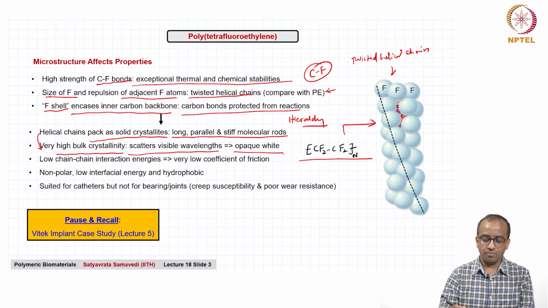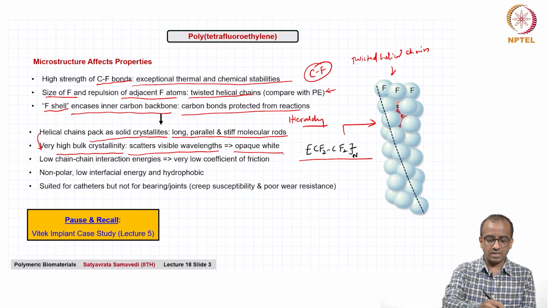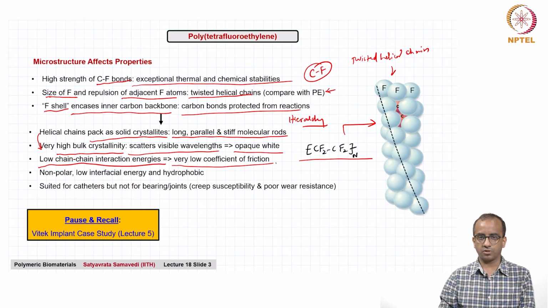Now if you remember, I mentioned that Roy Plunkett, when he first discovered PTFE, found that it was very smooth, and one reason for that is very low chain interaction energies, resulting in a very low coefficient of friction. So the coefficient of friction being low means that the surface is going to be extremely smooth.